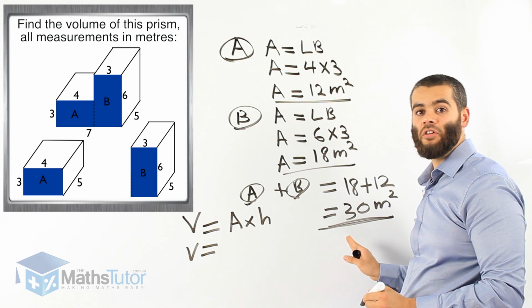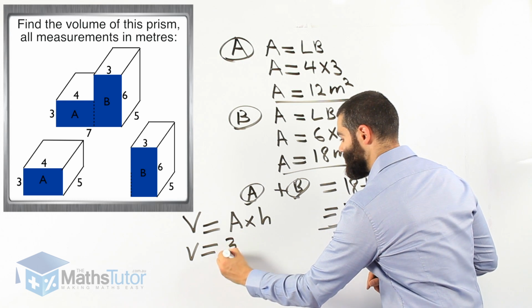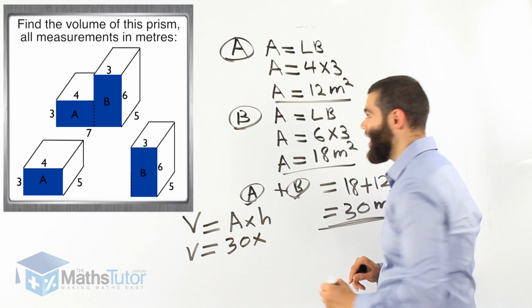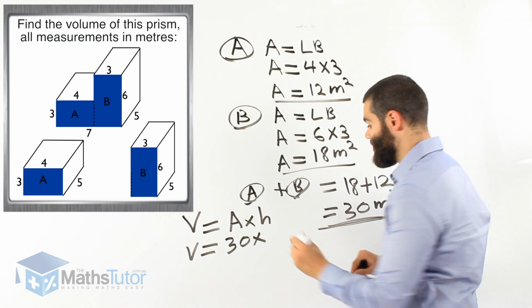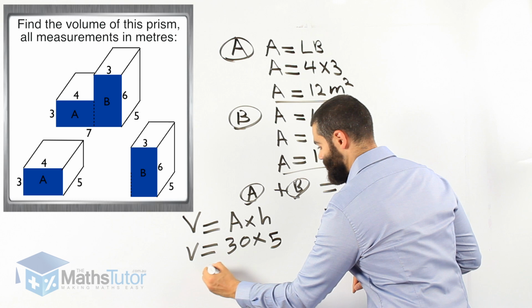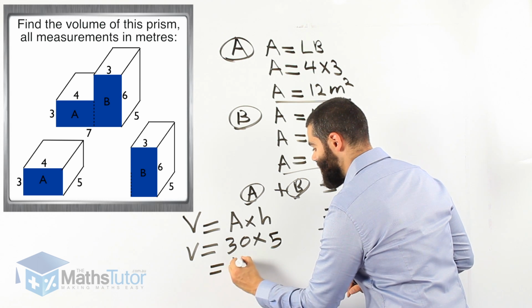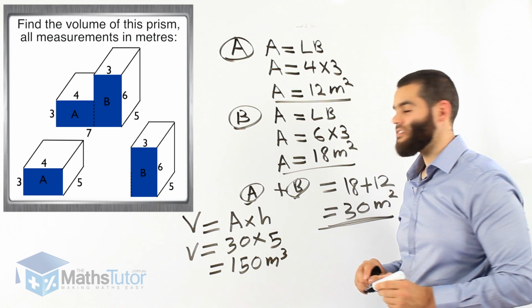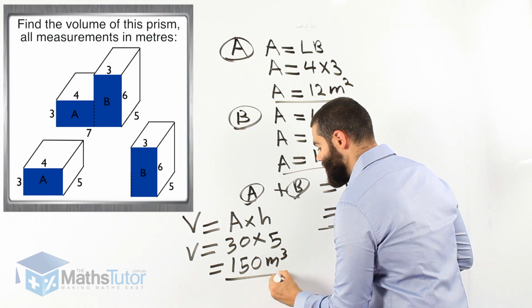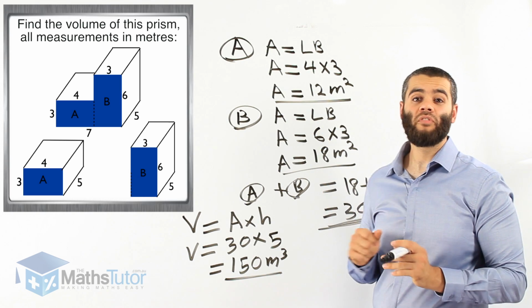The area is 30 and the height of the prism, as you can see, is 5. 30 times 5, 150 cubic meters. That is the volume of this prism.